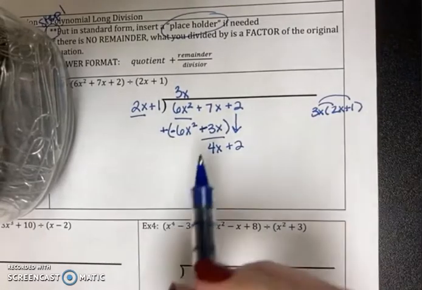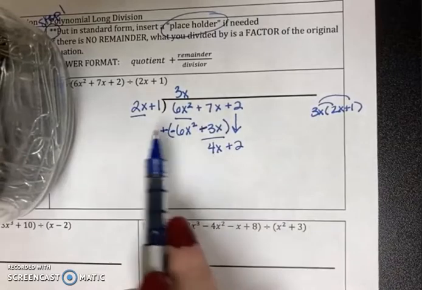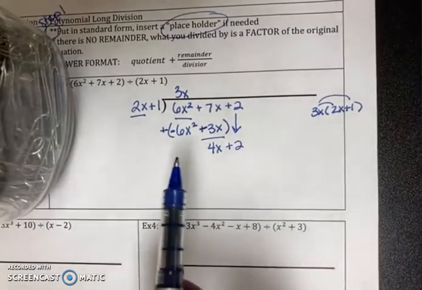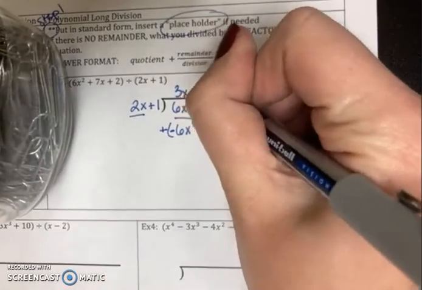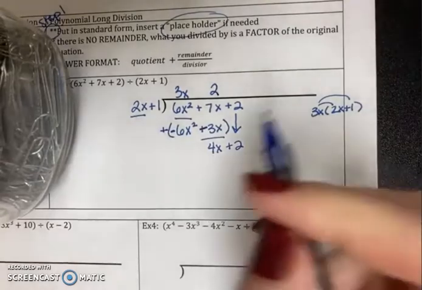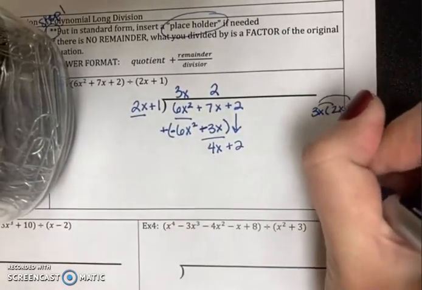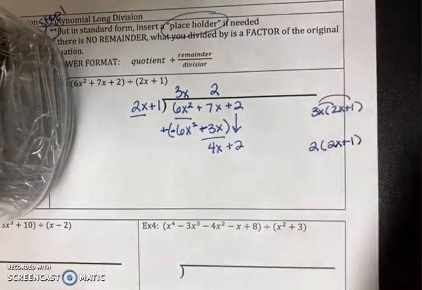And then I need to ask myself, what do I have to multiply the 2x by to get the 4x? Because if I get the same thing, it's going to cancel out like what we saw here. So I have to multiply 2x by 2 to get the 4x. So I'm multiplying my divisor, 2x plus 1, by 2.